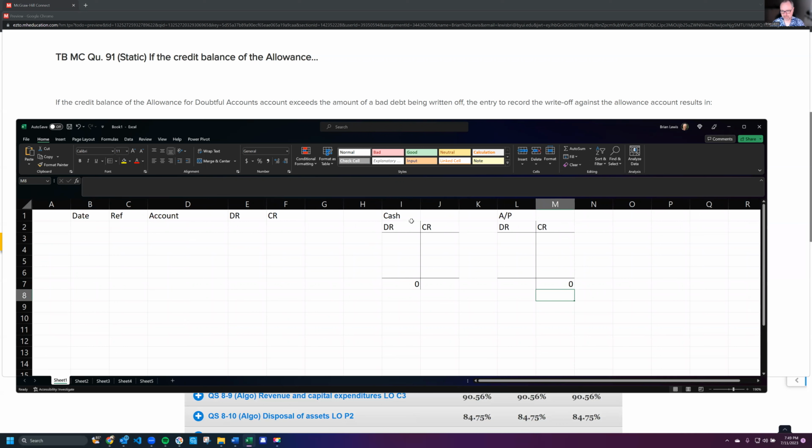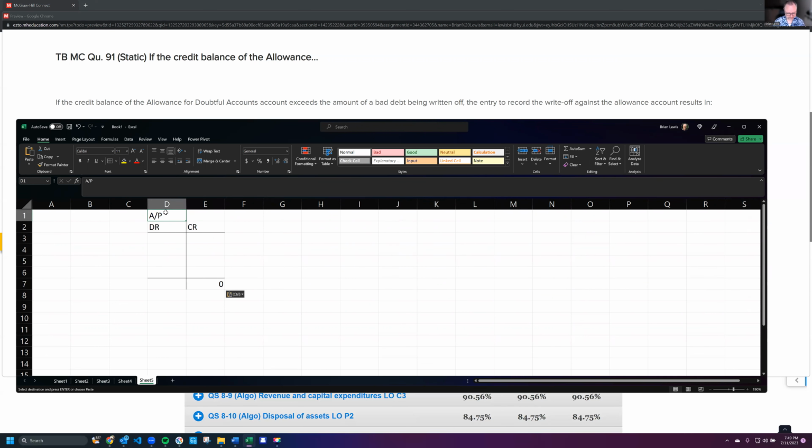Credit balance for allowance for doubtful accounts. That's a normal credit balance.